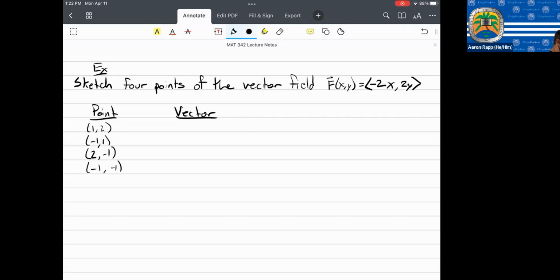And that way we'll hit all 4 quadrants. First quadrant, second quadrant, fourth quadrant, third quadrant.